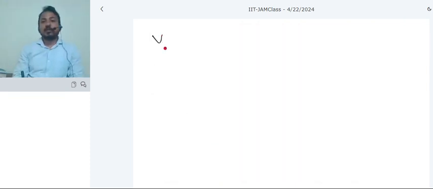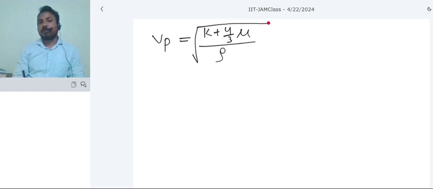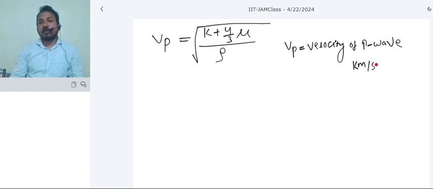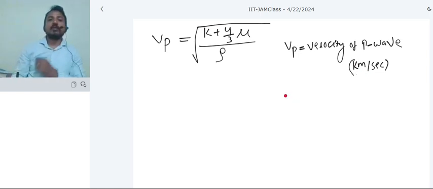Now, the velocity of P wave can be calculated by this formula: K plus 4 by 3 mu, divided by rho. So Vp is the velocity of P wave, calculated in kilometer per second or meter per second.